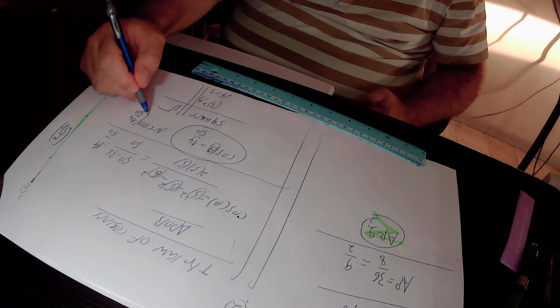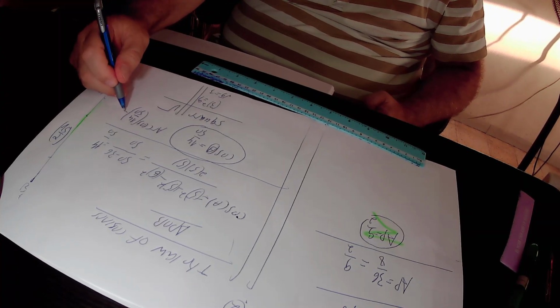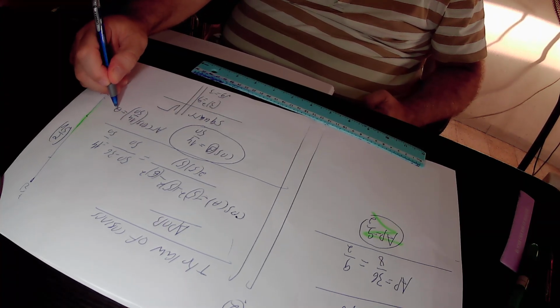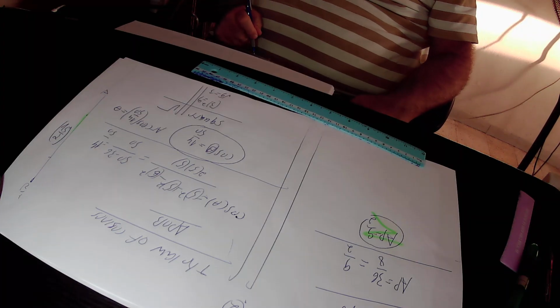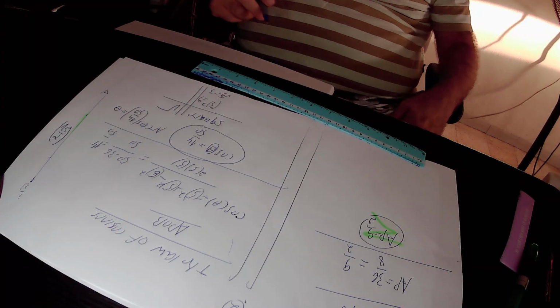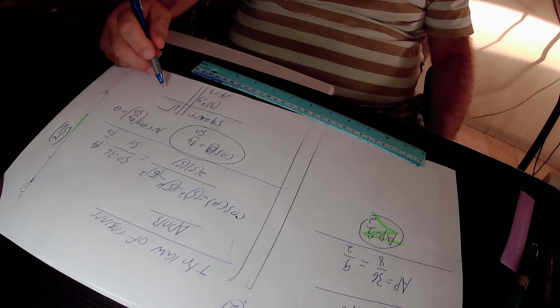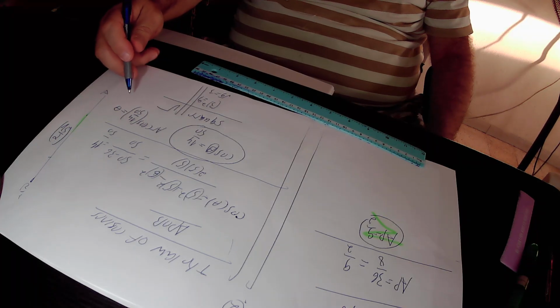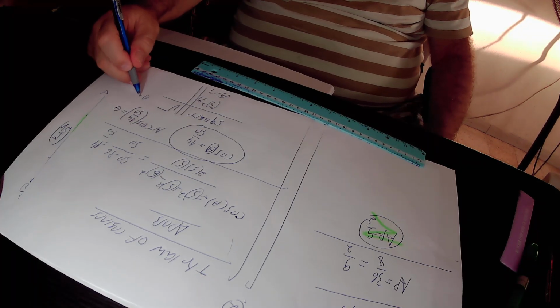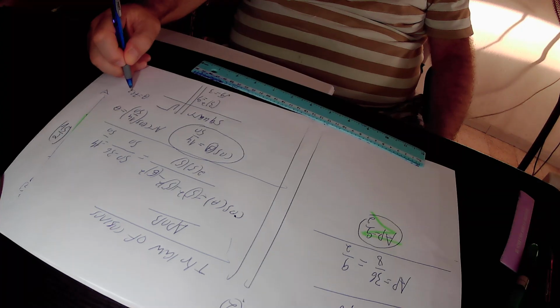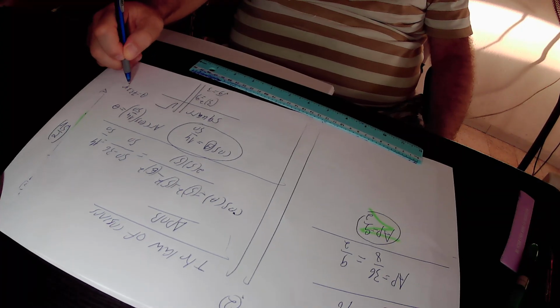In this way we get angle theta back. Arc cosine of 14 over 50 equals theta, and theta equals 73.74 degrees in its size.